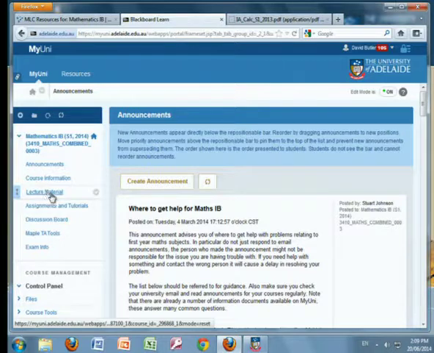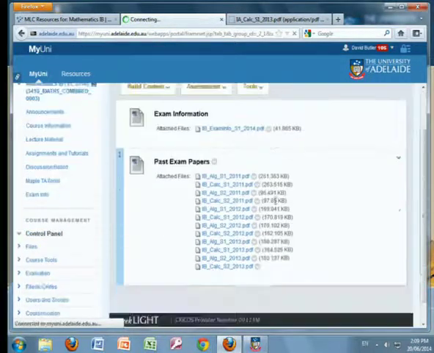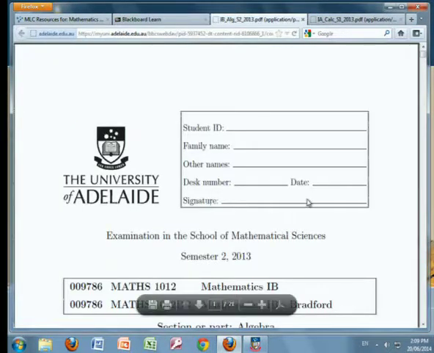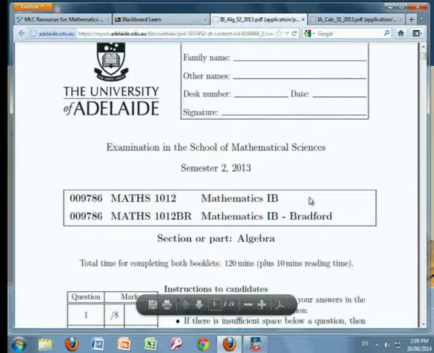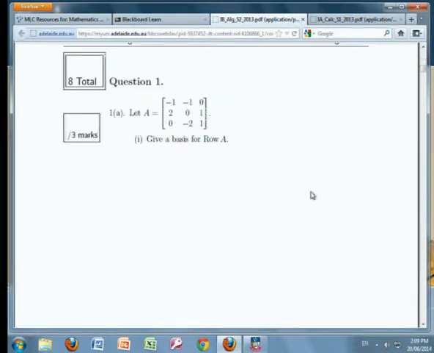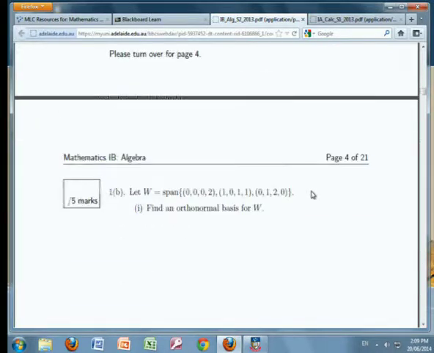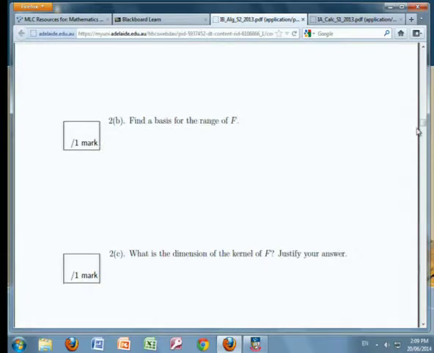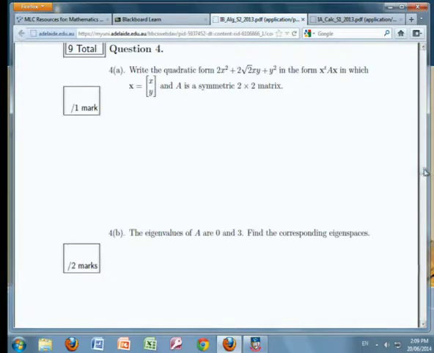There's one there. That would be under exam info then. That would be under Algebra 2013, semester 1 or 2? That one?